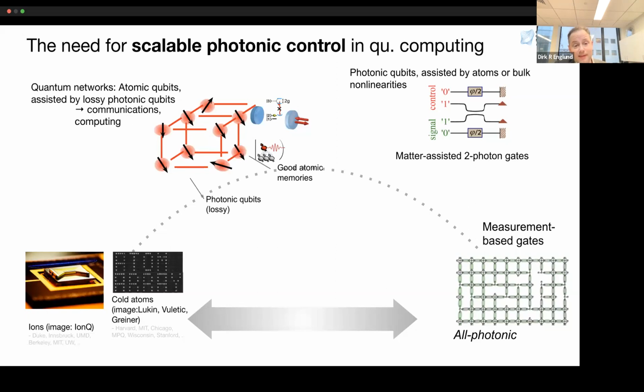Okay, but I said that the networks and quantum computers are really probably two sides of the same coin, and the reason is that the size of this kind of a quantum computer based on ions or perhaps on neutral atoms will be limited by how many of these you can stuff into a box.